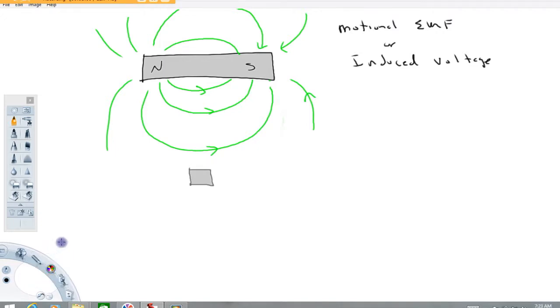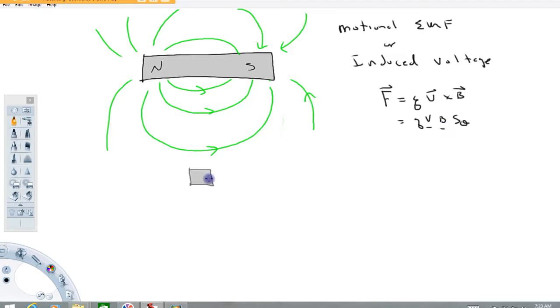Let me explain why. The magnetic force on charged particles is given by QV cross B, which is equal to QVB sine theta, where theta is the angle between the velocity and the magnetic field.